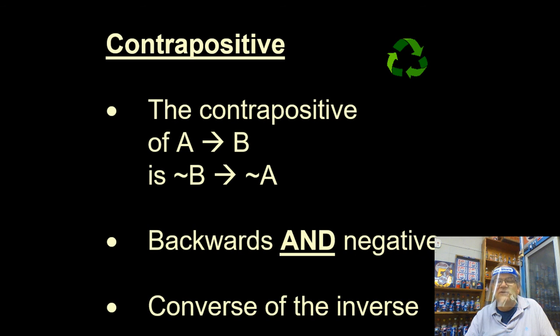Which basically means I've done everything to it that I can possibly do. I went backwards and I made both parts negative. Backwards and negative. It's literally the converse of the inverse or the inverse of the converse. You do both of those things to it.